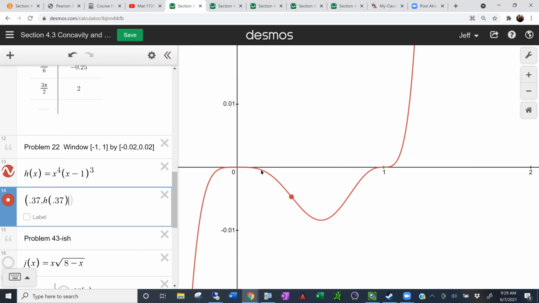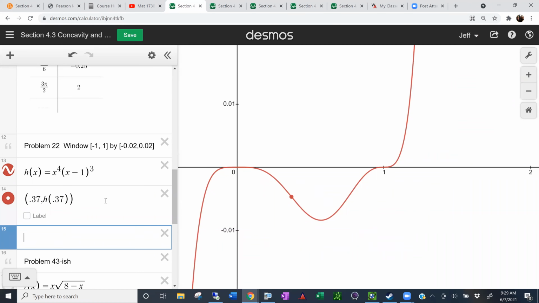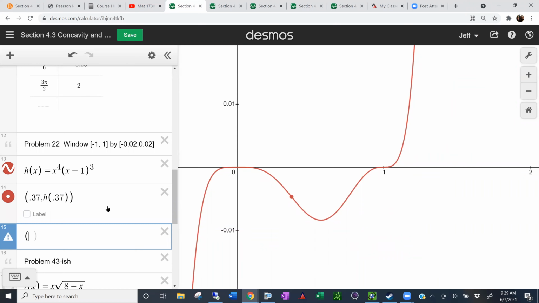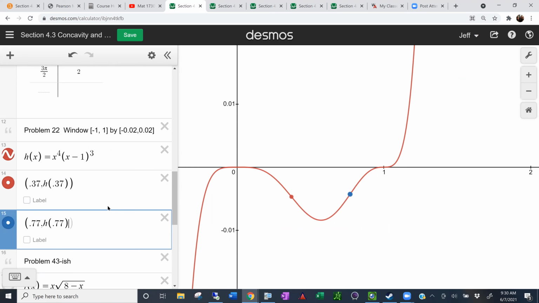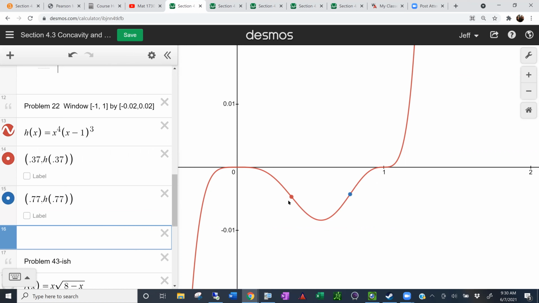The function changes from being concave down to concave up, and it's going to be concave up until we get to the next inflection point, and that's going to be at 0.77 and h of 0.77. That looks reasonable. It's certainly got a concave up shape here.